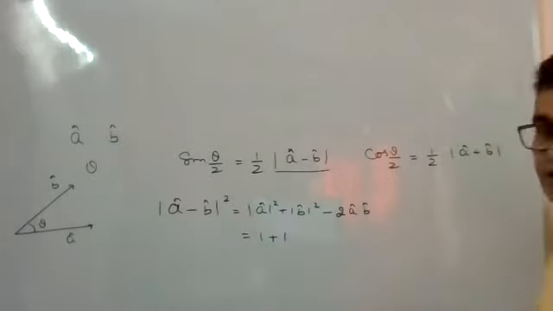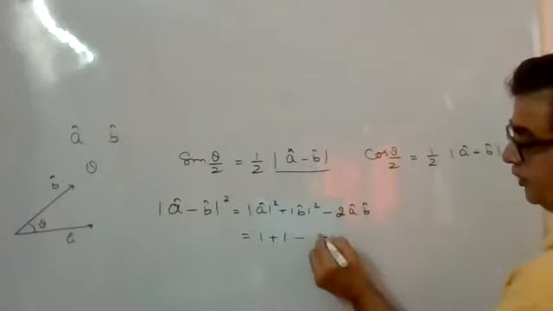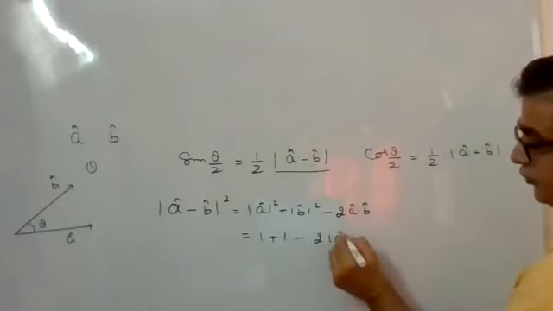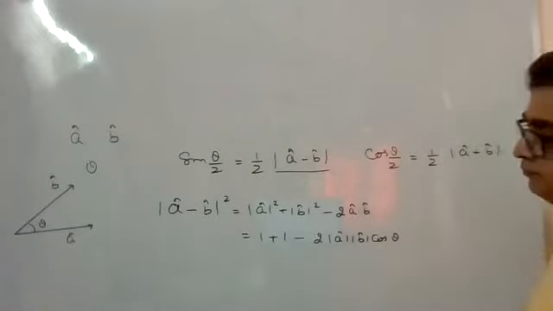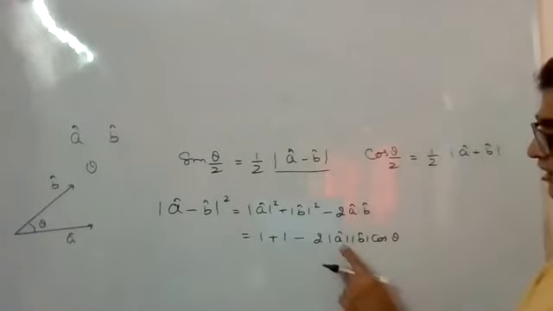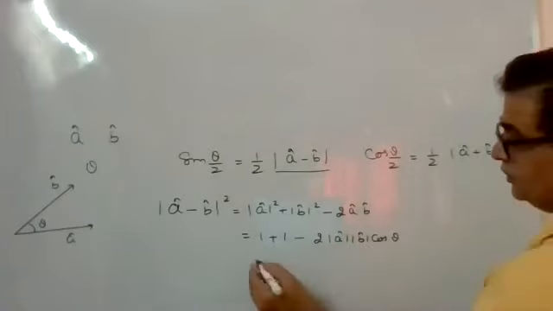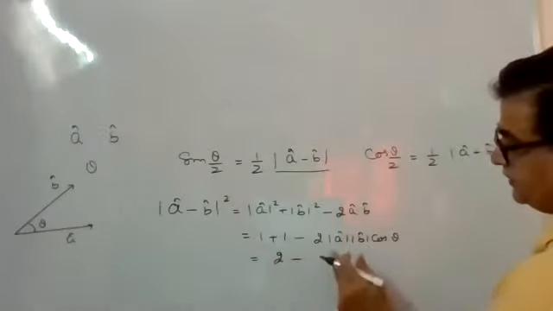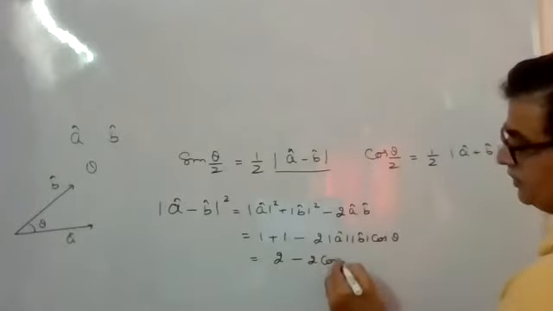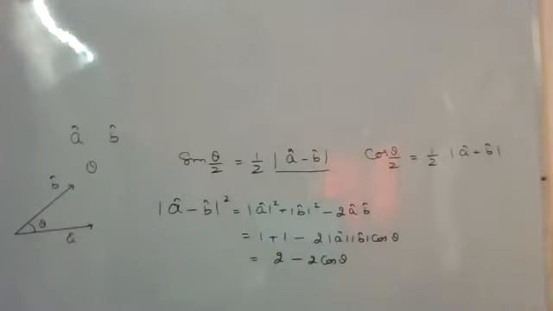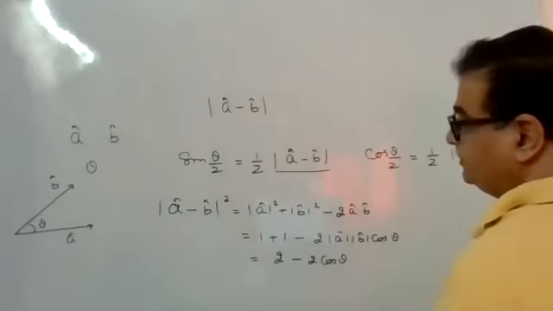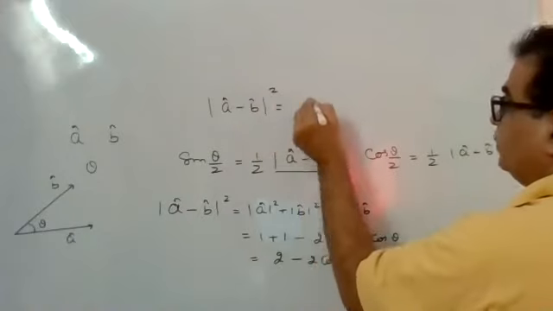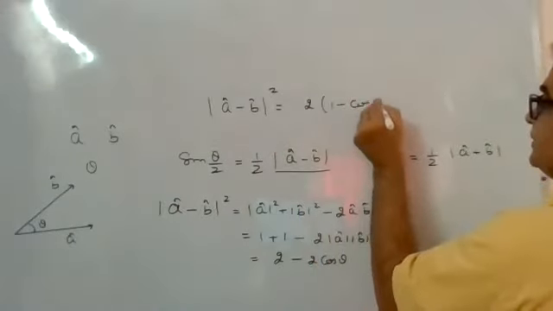This is another unit vector, 1. This will come out to be twice magnitude of A cap, magnitude of B cap, cos theta, where theta is the angle between them. This is again 1, this is 1 and this is 2. So the result will be 2 minus 2 cos theta. Or A cap minus B cap whole square will be 2 common, 1 minus cos theta.